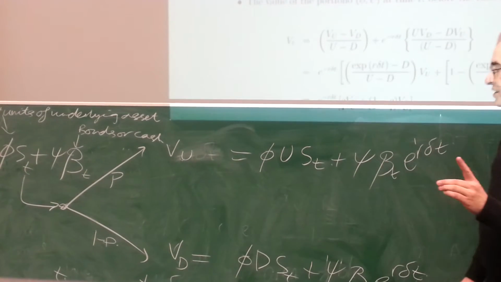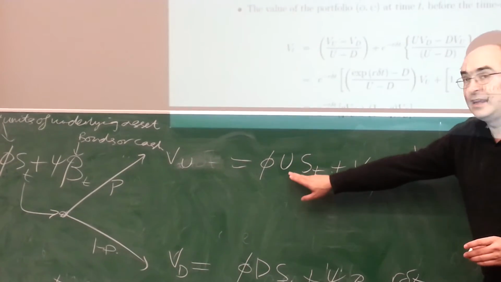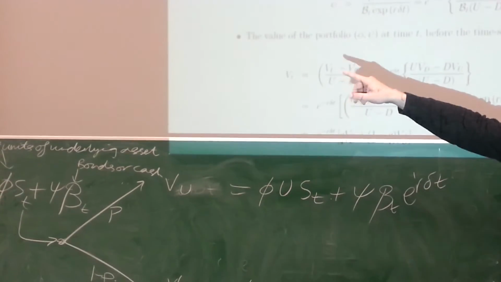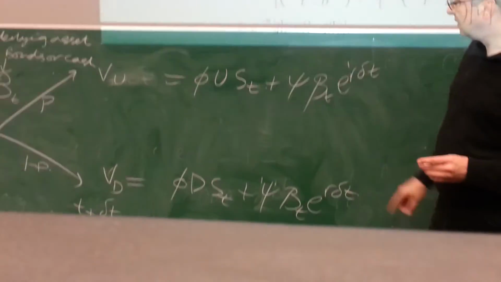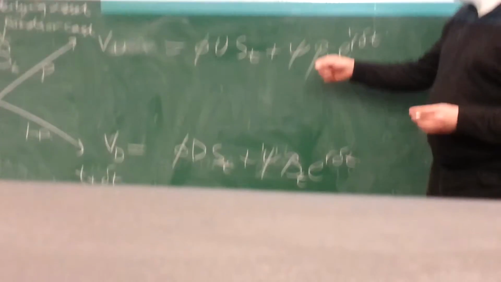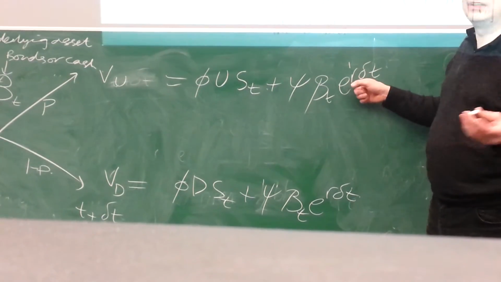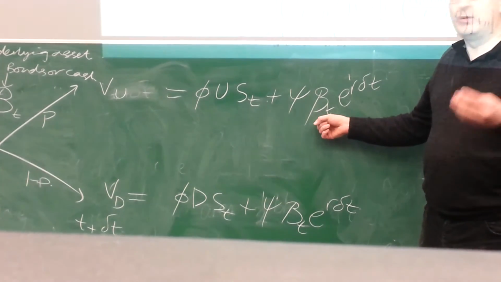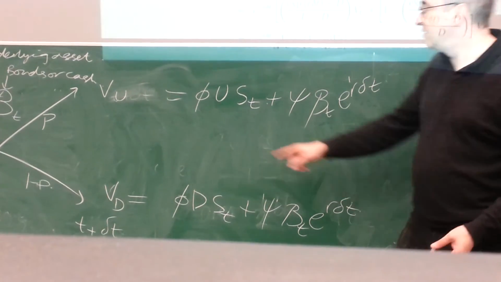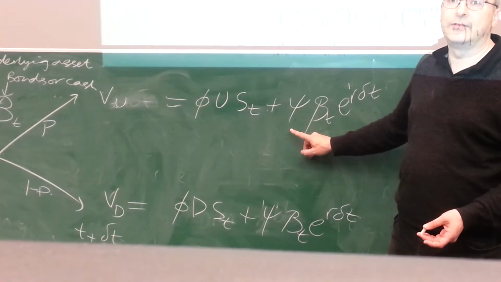So if V_U and V_D are fixed, S_t and u were fixed by the original binomial tree for the underlying asset, e to the r delta t is fixed by the market. That r is the risk-free rate in the market. B is the bond value. We'll assume it's 1 if it's cash. So the unknowns here are phi and psi.